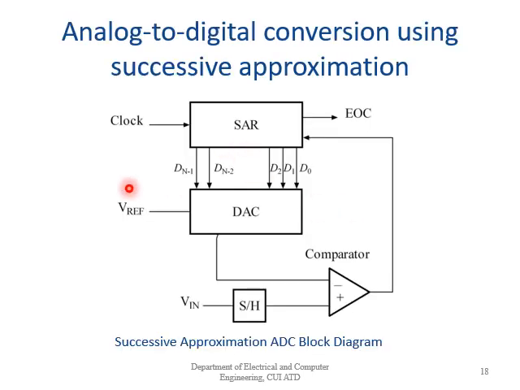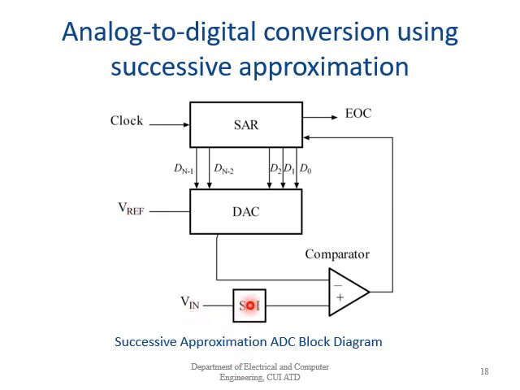So this is the block diagram of a successive approximation analog to digital converter. Here we have a clock, we have the successive approximation register, and this is the end of conversion signal, and these are data bits which are going to the digital to analog converter. The digital to analog converter has a V reference, which is basically our reference signal, and V input is the input signal.